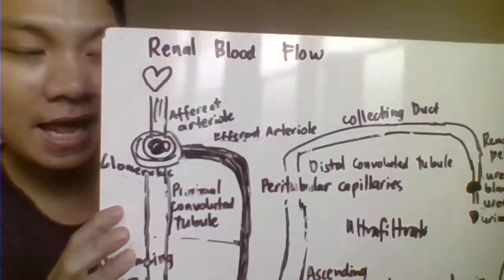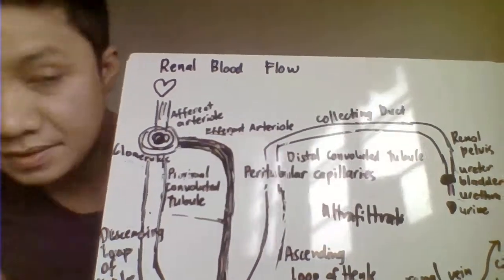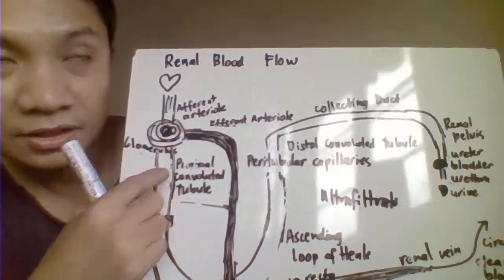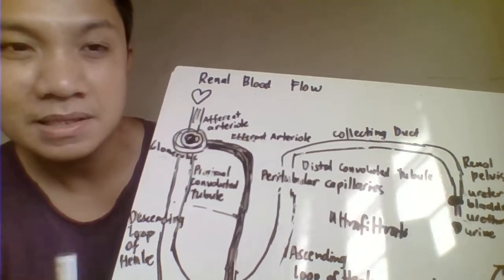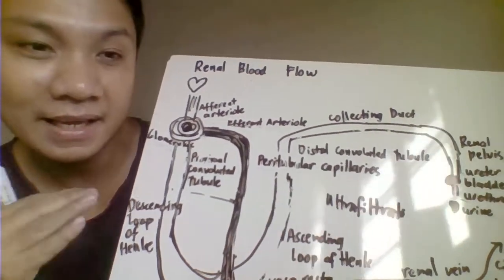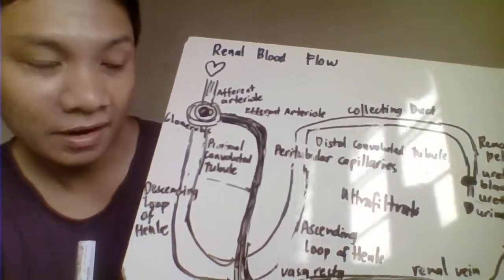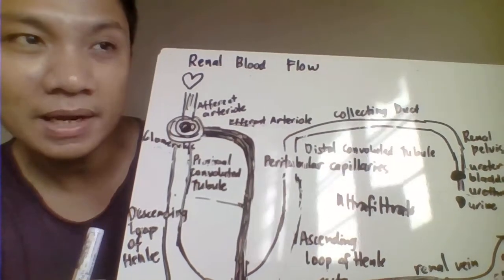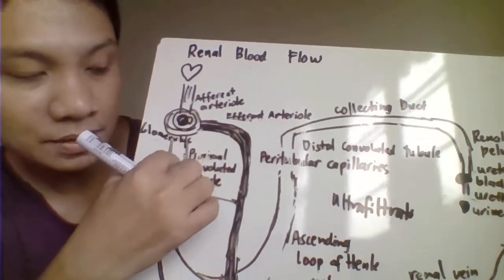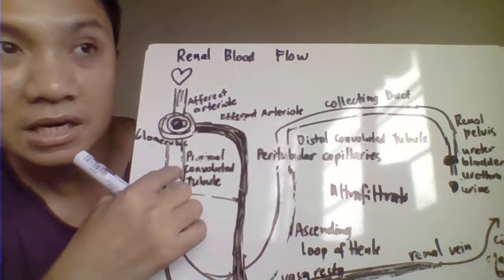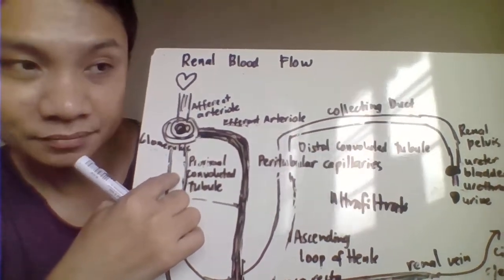Pag sinabing maximal reabsorptive capacity, ito yung pinaka-capacity ng renal tubules natin na kaya niyang i-reabsorb ang substance. Okay, like for example, the glucose is 160 to 180 mg per dL. After filtration, ang glucose natin pupunta siya dito kasi na-filter ang glucose natin.